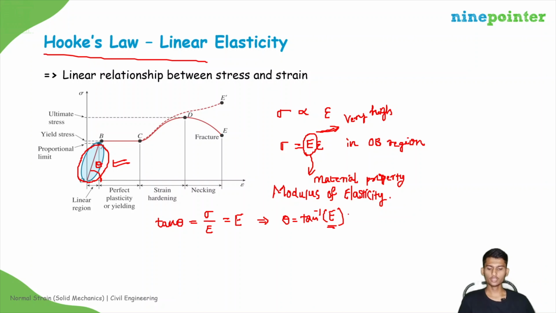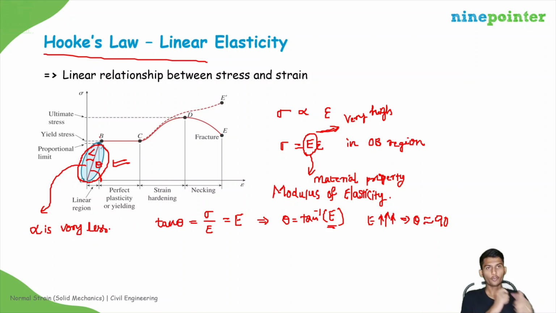So as E is very high, theta will be almost nearer to 90. Means this angle alpha is very less. So the deformation term is this epsilon, which says the change in length portion.